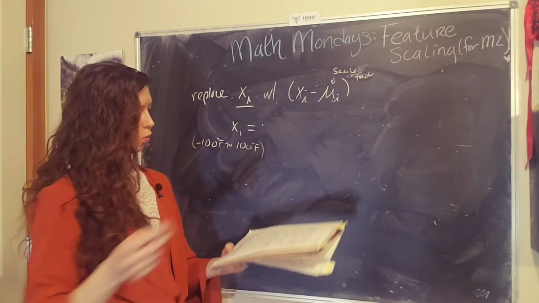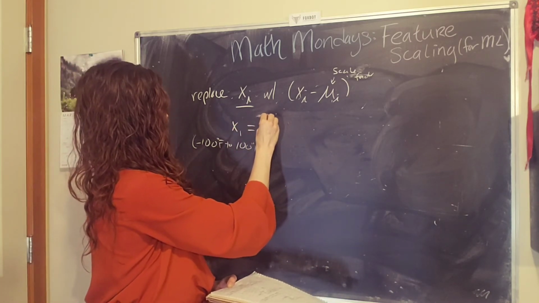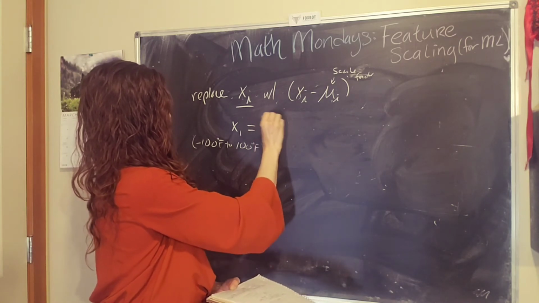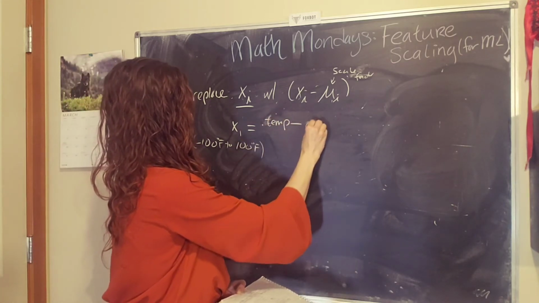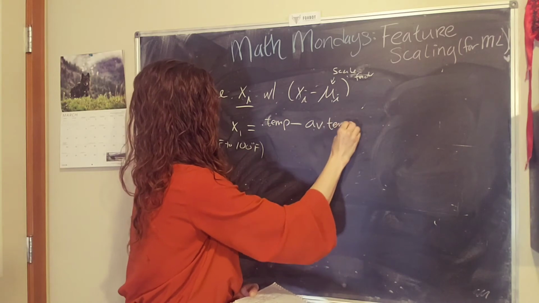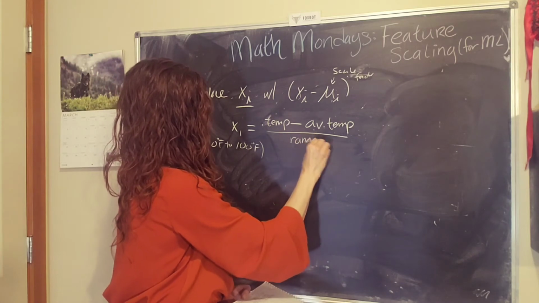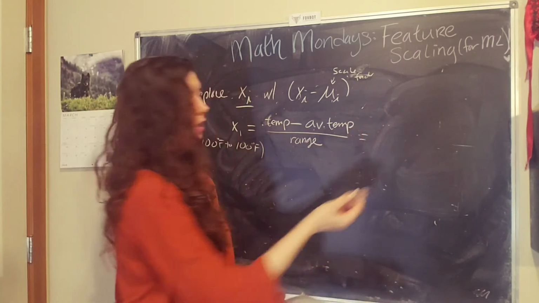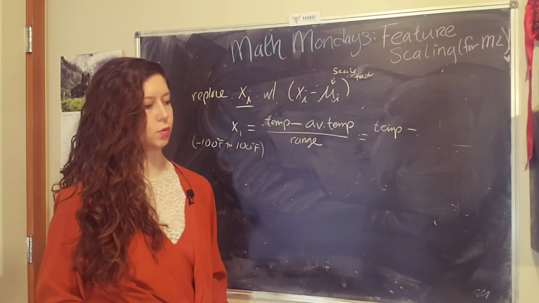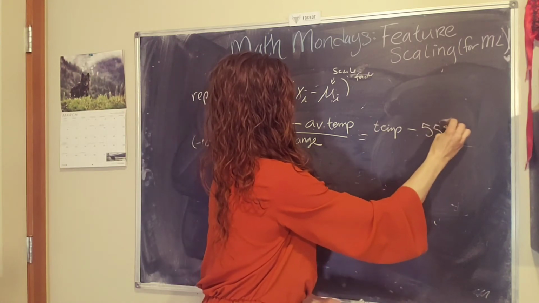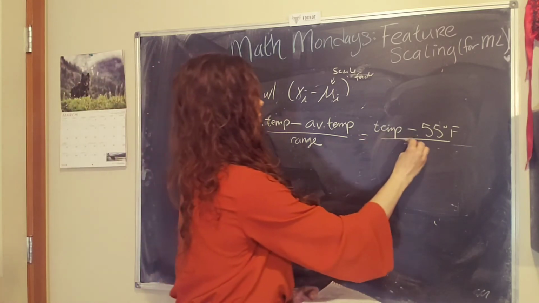So we are going to scale this by using an equation where we have the temperature of interest. So I'm just going to write temp for temperature. We have minus the average temperature divided by the range of temperatures. And so this would be the temperature of interest minus, I'm going to use 55 for the average temperature in Seattle, divided by our range, which is going to be 200.